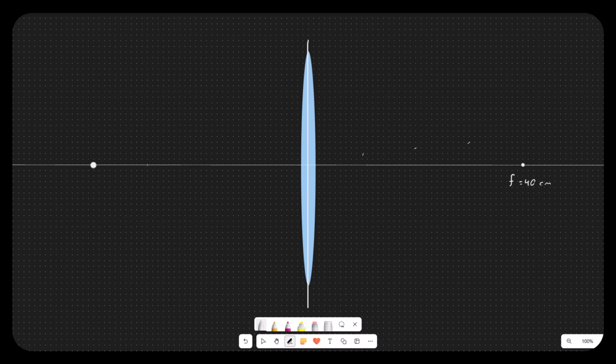Here's my reflection of F all the way back here. That is F prime. And I would like to put my object at the 24 centimeter mark. I know it's not a round number, but I'm doing it because I worked the math out and made sure that it comes out to a good location.